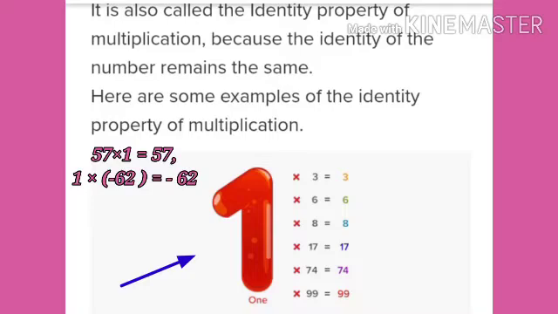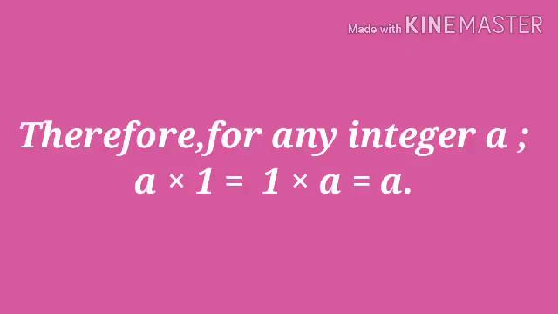We say that integer 1 is the identity for multiplication of integers, or multiplicative identity. Therefore, for any integer a, a into 1 is equal to 1 into a is equal to a.